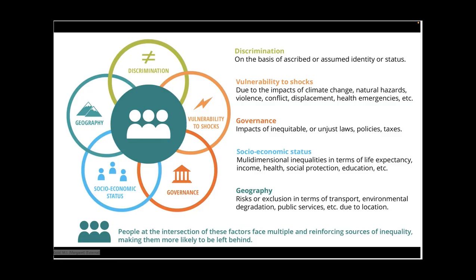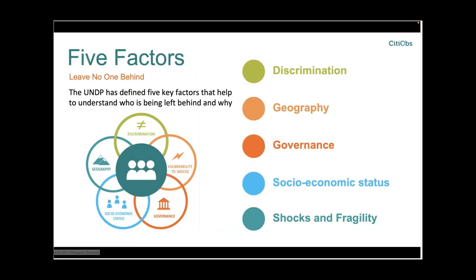So the way you see them coming together in this image really brings across the idea that the kinds of factors that people face are often multiple reinforcing factors as well. They're not single isolated issues. They often come paired and impacting each other as well. But to dive into a deeper understanding of these 5 factors and how they might be at play in the context of your own citizen observatory or citizen science activity is part of what the toolkit is about.